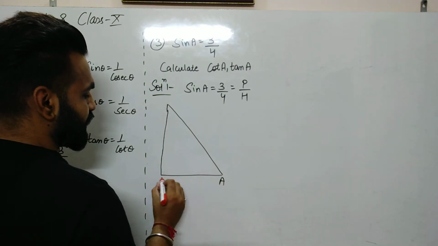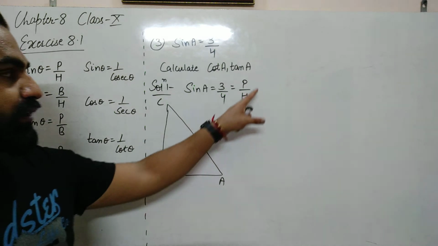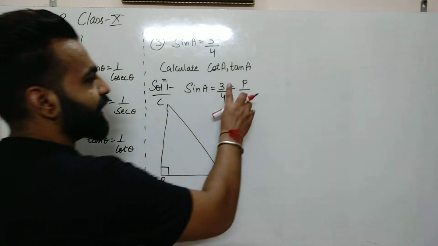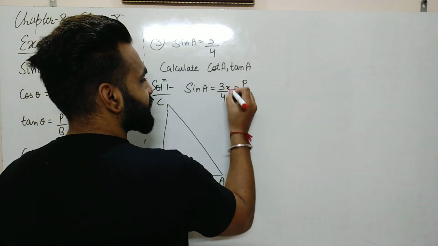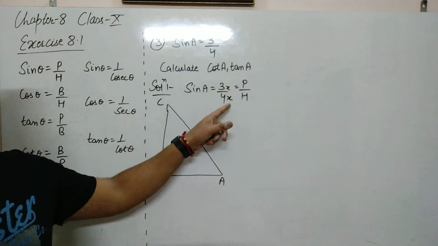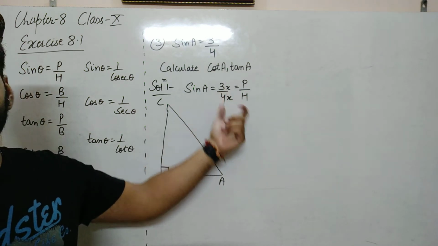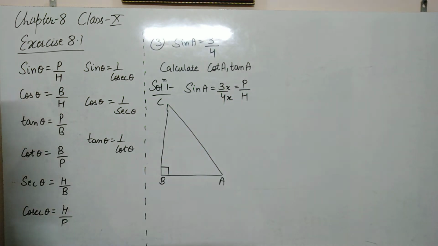This is A, suppose this is B and C, in which the perpendicular is, we can write it as 3x by 4x. Since this is a ratio, there can be a number x in the numerator and denominator. This will cancel out and the ratio will always be 3 by 4.